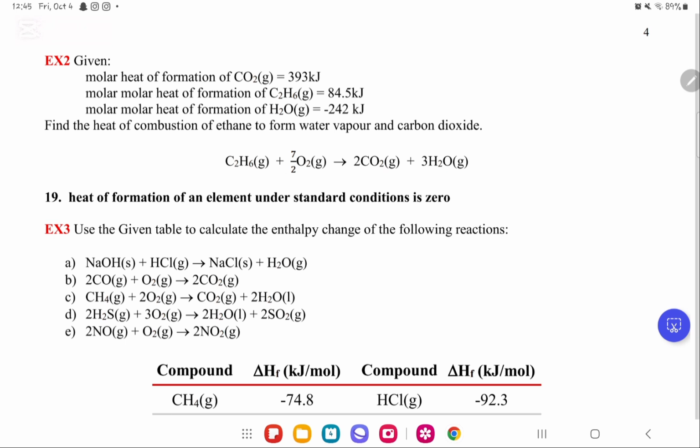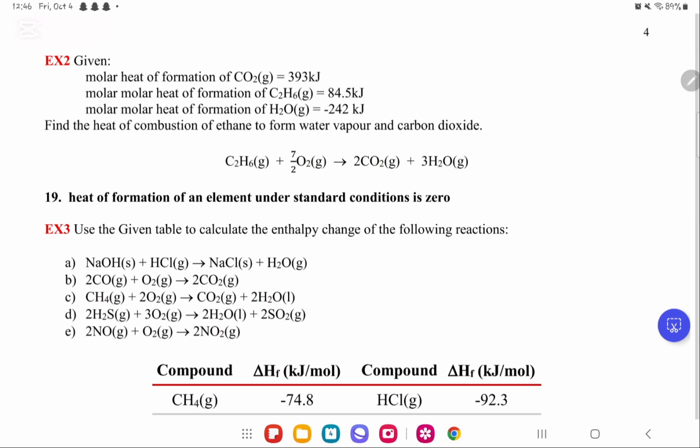They told us, given us the molar heat of formation of CO2 is 393 kilojoules, the molar heat of formation of C2H6 is 84.5 kilojoules, and the heat of formation of H2O is negative 242 kilojoules. We need to find the heat of combustion of ethane to form water vapor and carbon dioxide.